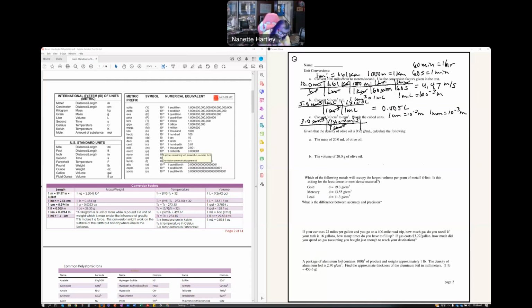And I know that if I want to get to millimeters, 1 millimeter equals 1 times 10 to the minus 3 meters. And again, I need to cube this, and I need to cube that. So I'm going to take my 3.0, multiply by 1 times 10 to the negative 2, and cube that.